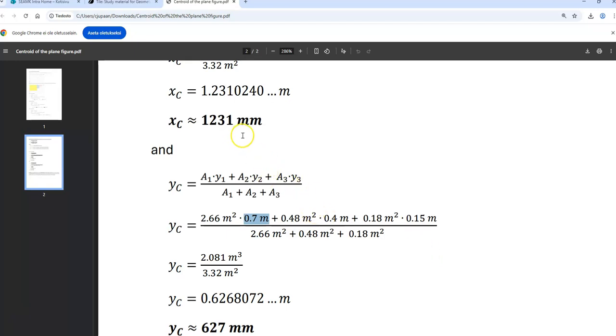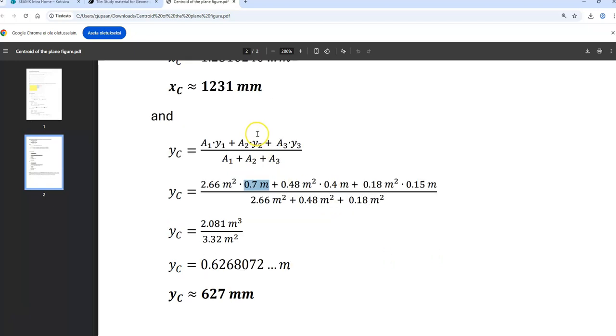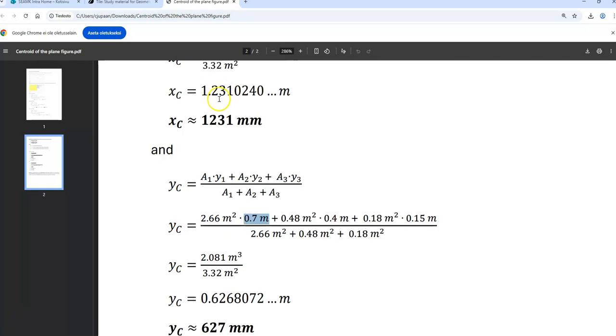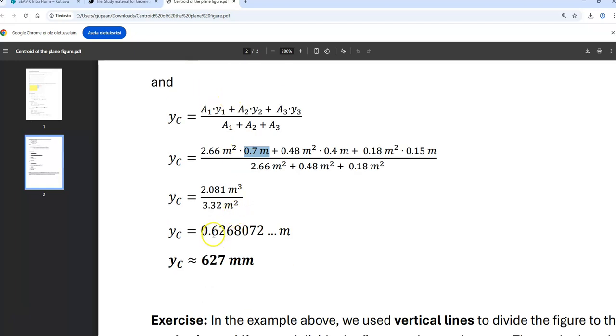So this means that the middle point or the center point or the centroid of that figure is the place where the x coordinate is about, let's use meters, 1.2 meters, and the y coordinate is about 1.6 meters.